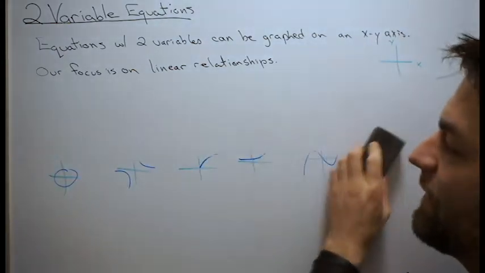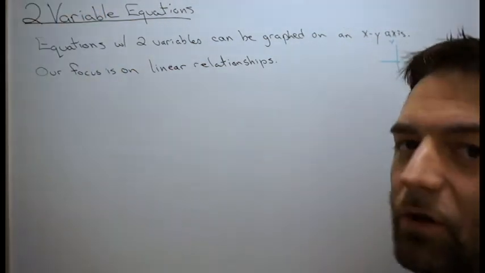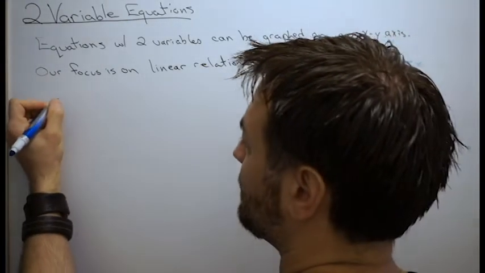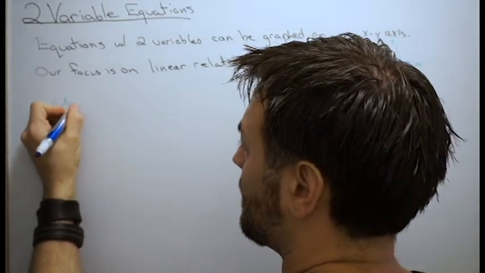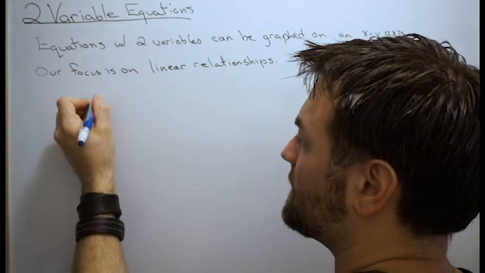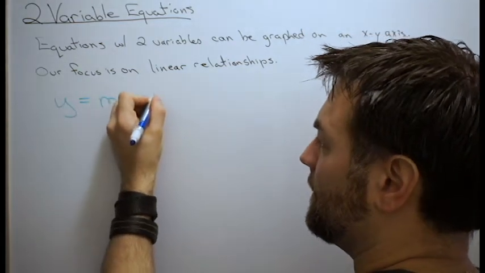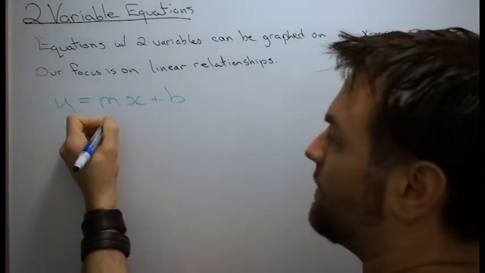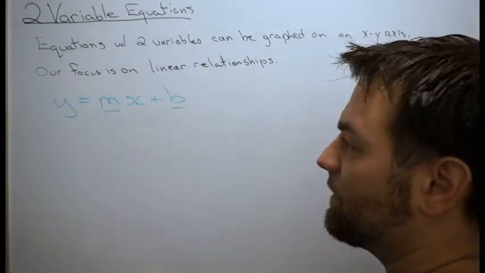We need to be able to identify these by looking at the equations. So if we look at some examples of linear equations, a very common one is y equals mx plus b. And now there's a whole bunch of variables there, but m and b are the ones that we'll fill in.